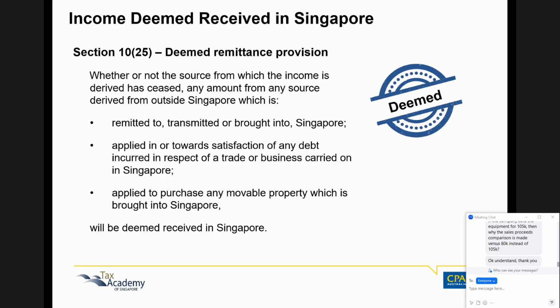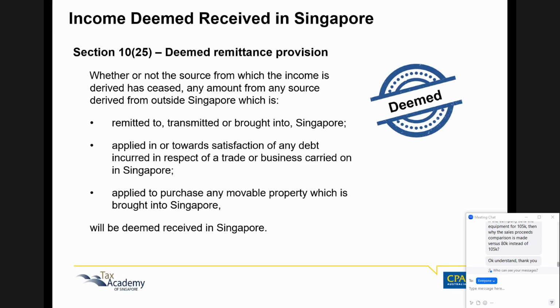Whether or not the source of the income is derived as seeds or any income from any source derived from outside Singapore, which is remitted, transmitted or brought into Singapore, applied in or towards satisfaction of any debt incurred in respect of a trade or business carried on in Singapore, or applied to purchase any movable property which is brought into Singapore, will be deemed received in Singapore.